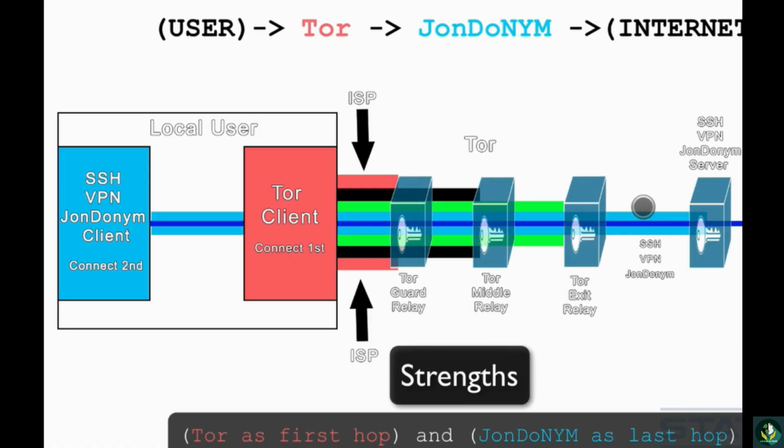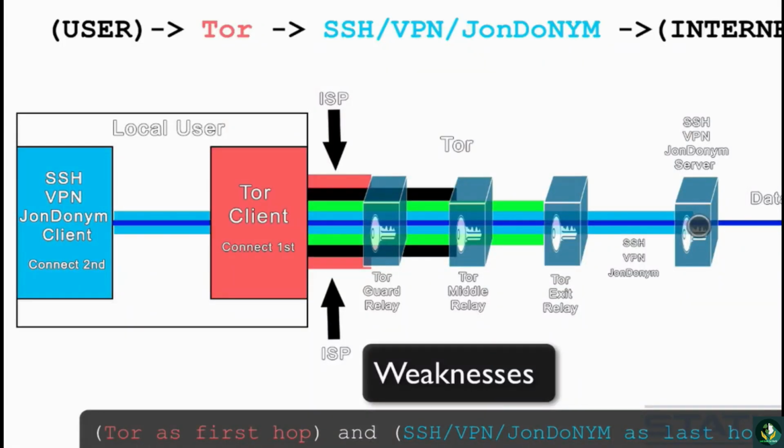In some cases, Tor hides your IP address, but the SSH, VPN server can clarify your IP address and store your data, and Tor fails there.